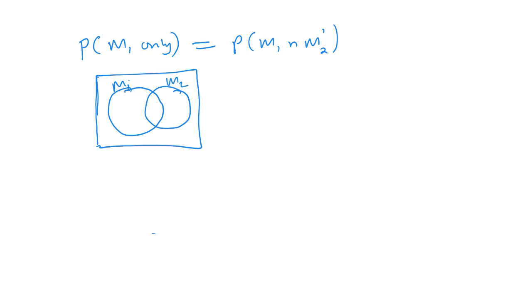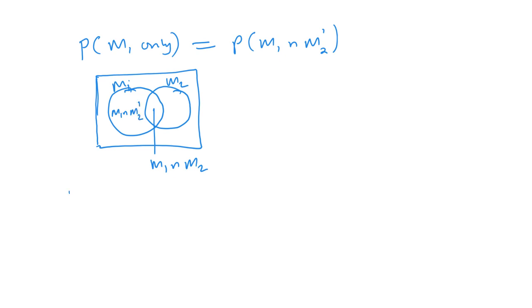So we know that if we want this part, that is M1 intersection M2. Now, the good news is in this case we know that this is M1 intersection M2 complement.